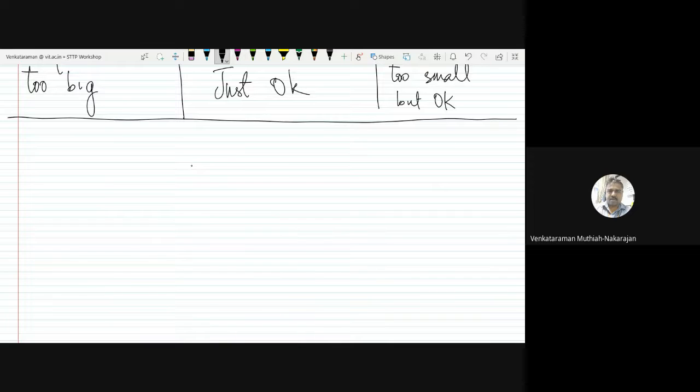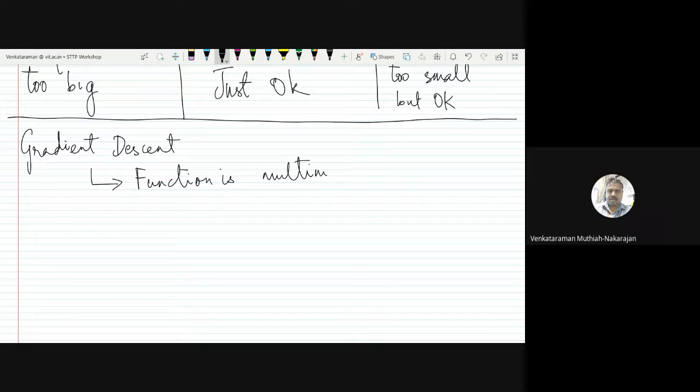And there are many problems that gradient descent could not solve. Gradient descent is not useful when the function is multimodal. So if you have a function that has more than one minima, gradient descent cannot help you.